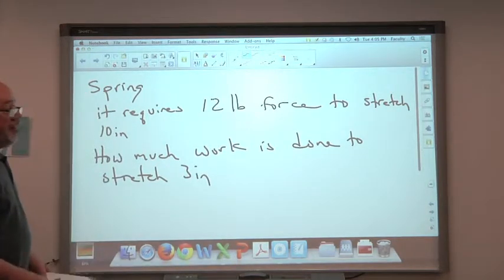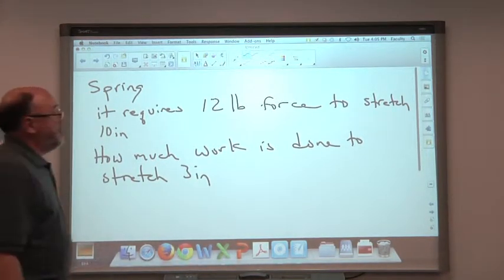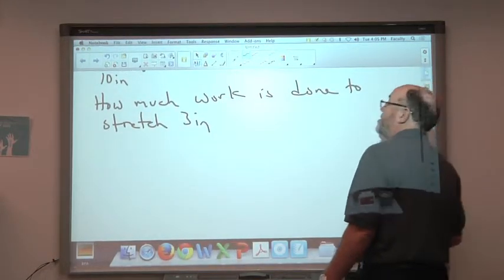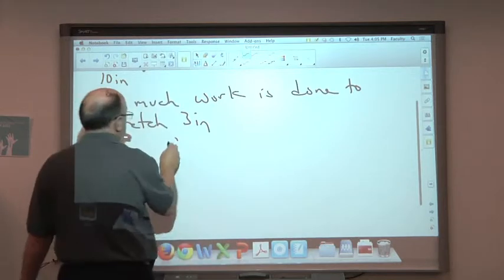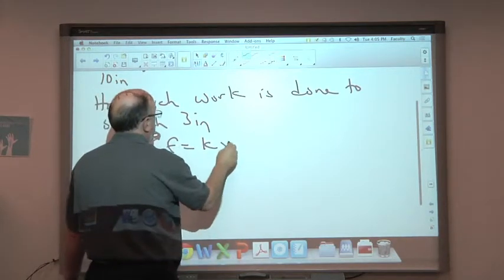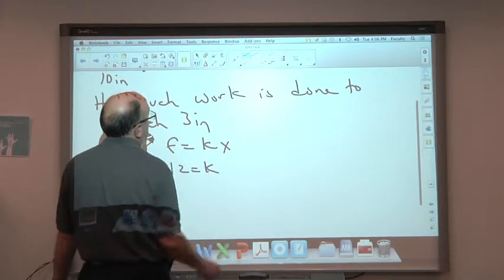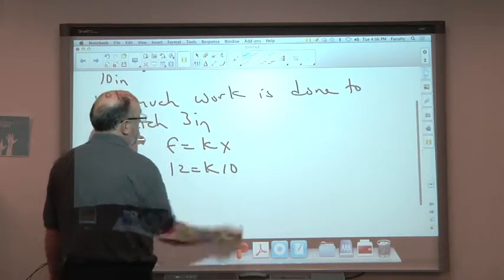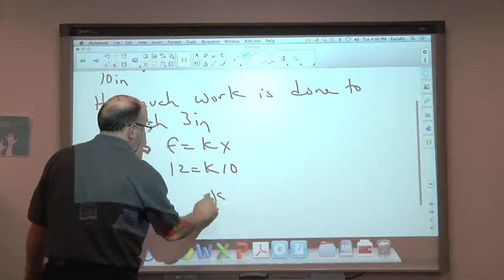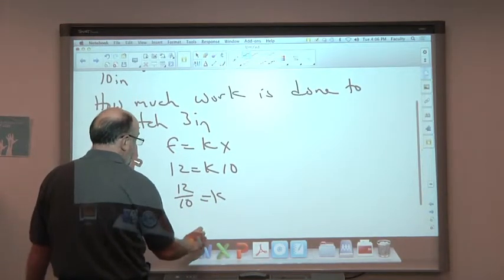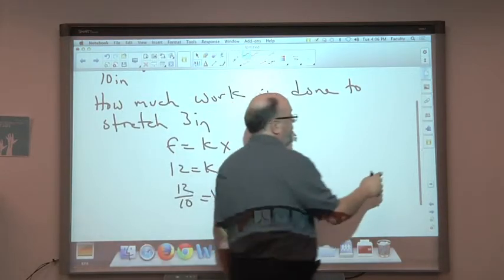With the first bit of information, we can actually get the value of k. We've got f equals kx, so we have 12 equals k times 10. So k is going to equal 12 over 10, which will be 6/5.